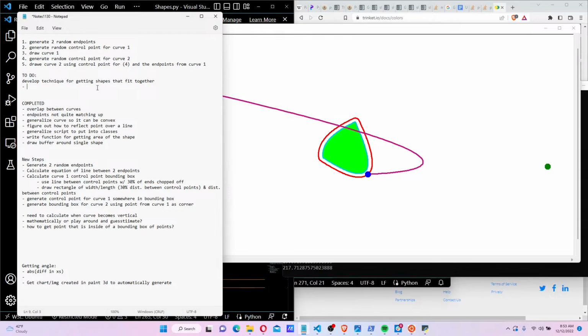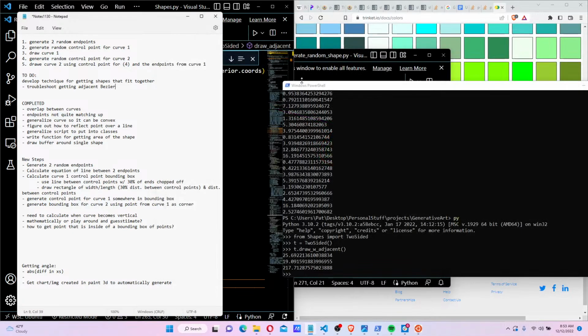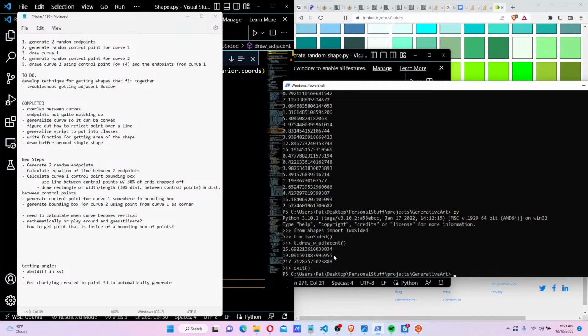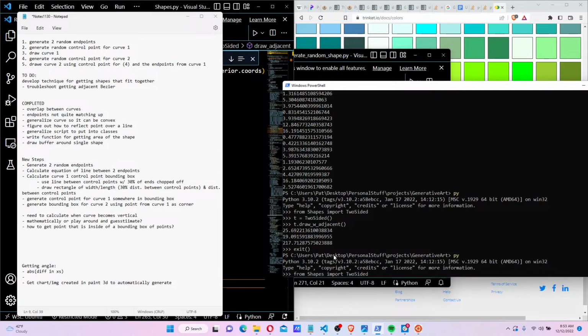So now what I want to do is troubleshoot getting adjacent Bezier. Well, okay, if I start troubleshooting now, I know the first problem, which is the second endpoint isn't on the boundary. First endpoint's on the boundary, second endpoint is not on the boundary.